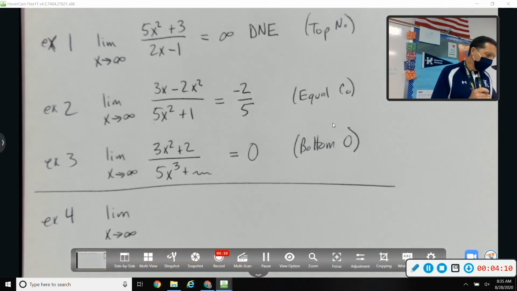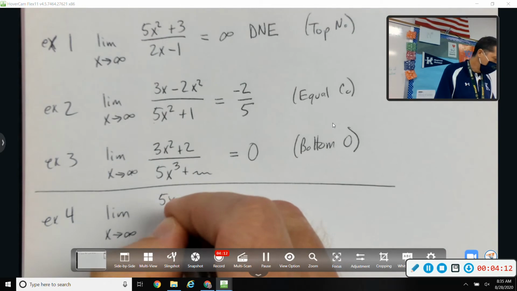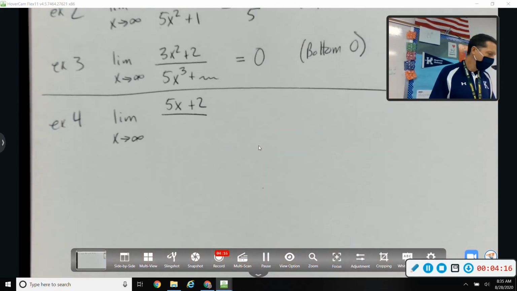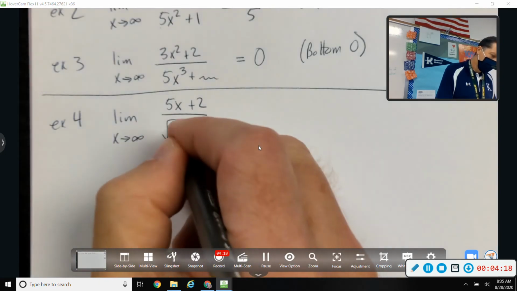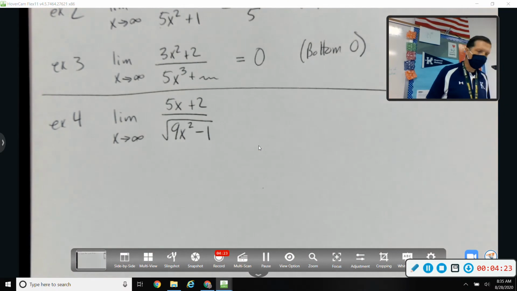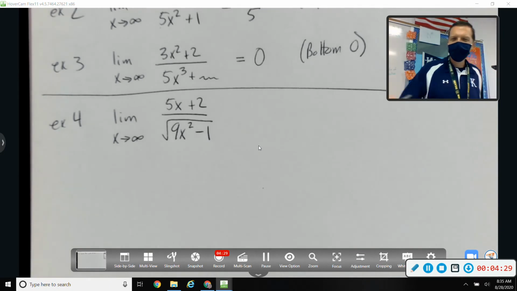Limit as x approaches infinity of 5x plus 2 over square root of 9x squared minus 1.